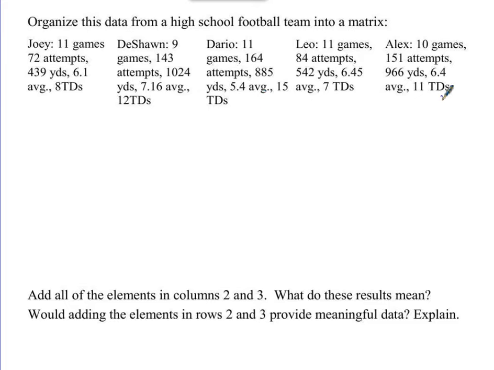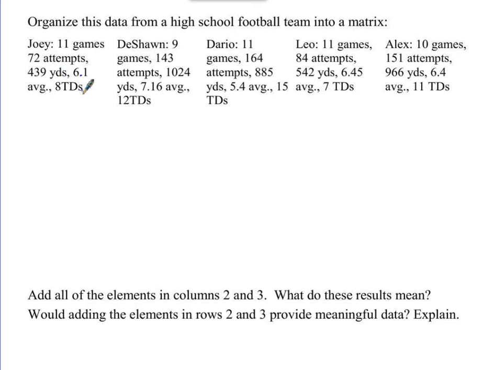What sport are we talking about, probably? Football. How do you know it's football? Yeah, we have TDs. What position is this person playing? It's running back. Attempts is a stat that is kept by running backs. Yards, that'd be yards per carry. This would be yards per carry here. This is total yards for like the season or something. And then the total number of touchdowns that this person had.